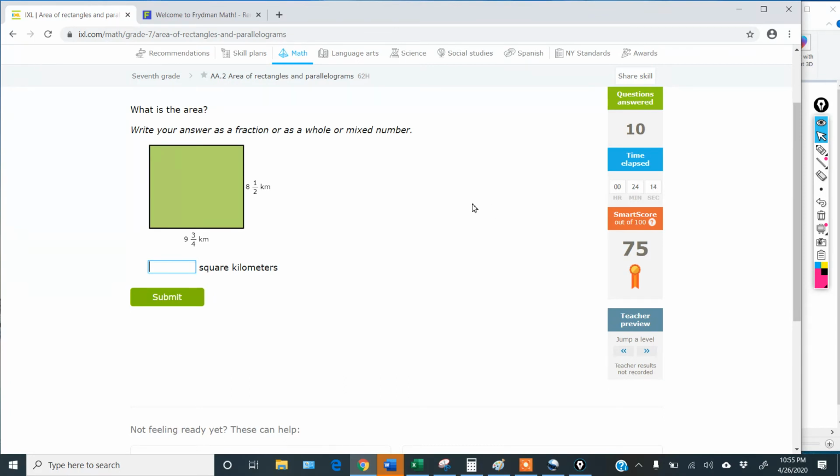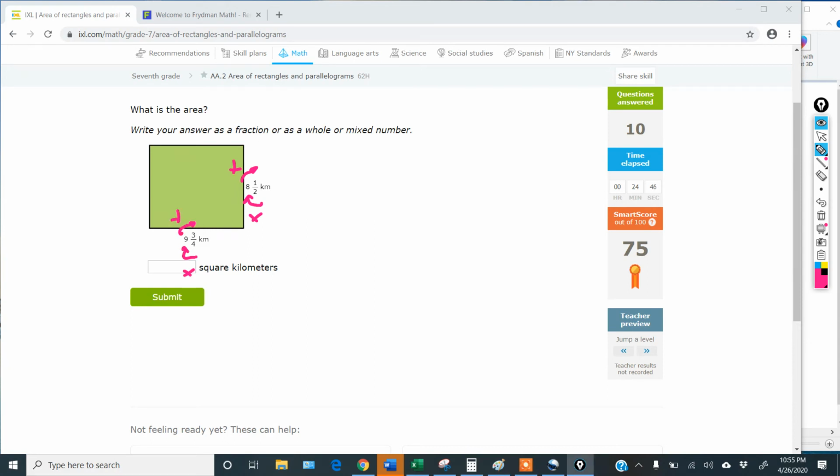Okay, so another one like that. I'm just going to use my teacher privileges and skip to the next level, because we just did a problem exactly like this. So make sure that you turn these into improper fractions first, right? You multiply the denominator with the whole number in front and then add the numerator, and do the same thing over here.